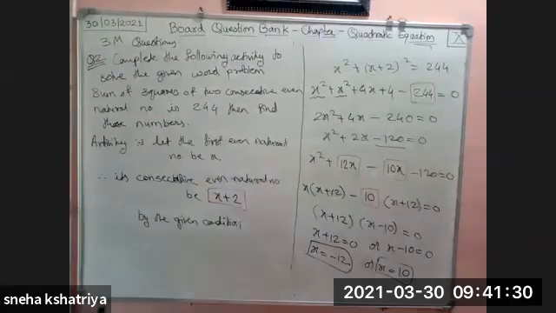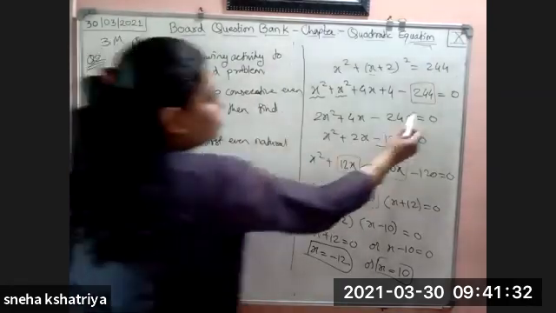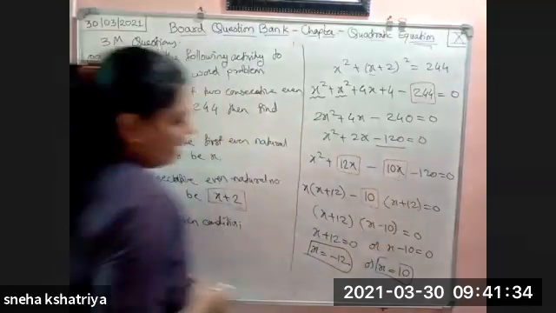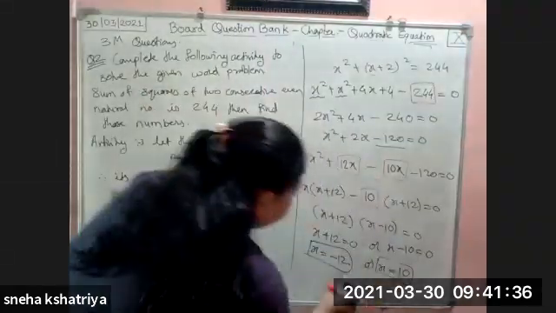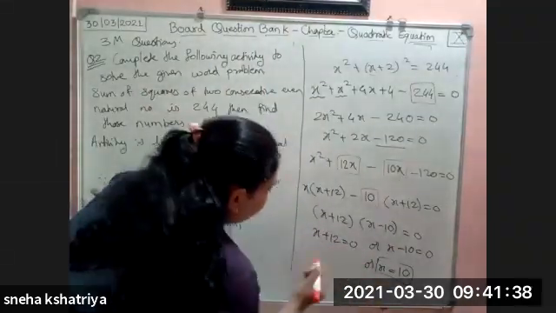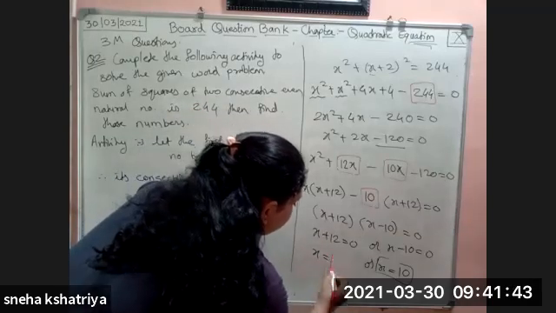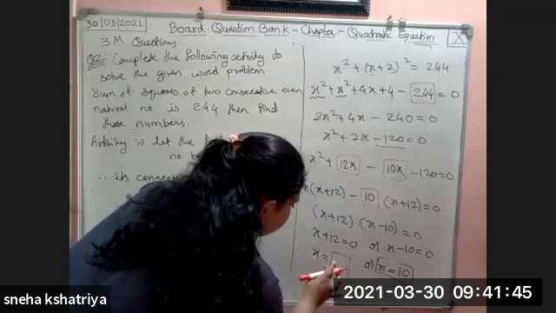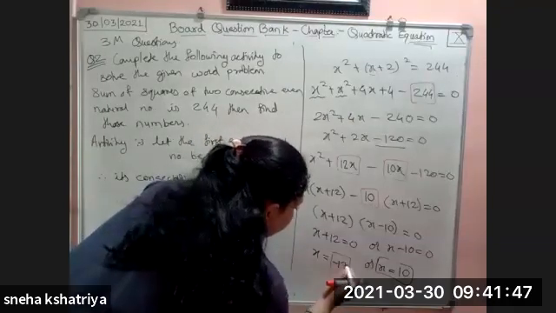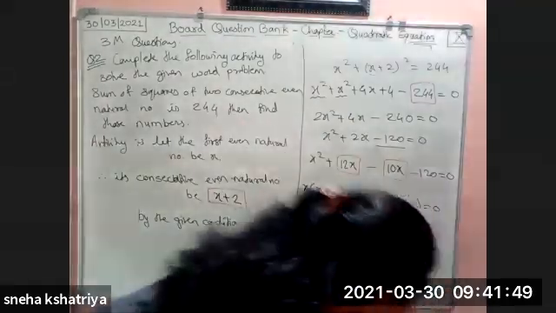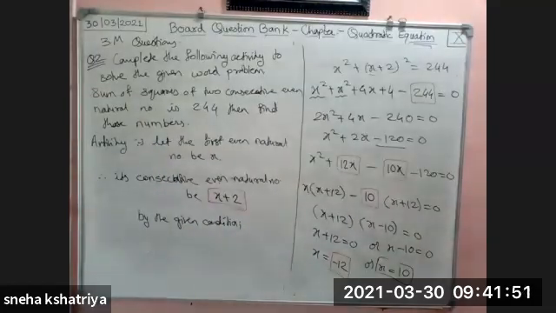Okay. So how many boxes we have done? 1, 2, 3, 4, 5. And the 6th box is here. X is equal to, in the bracket, that is minus 12. So these are the 6 boxes which you have to fill up here.